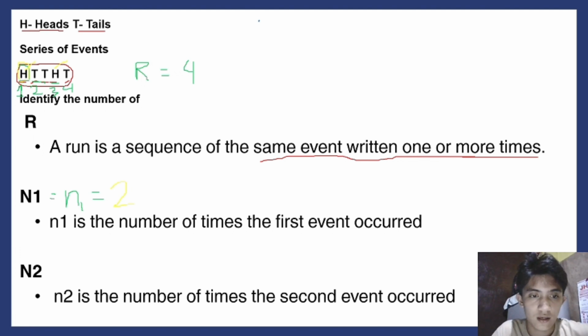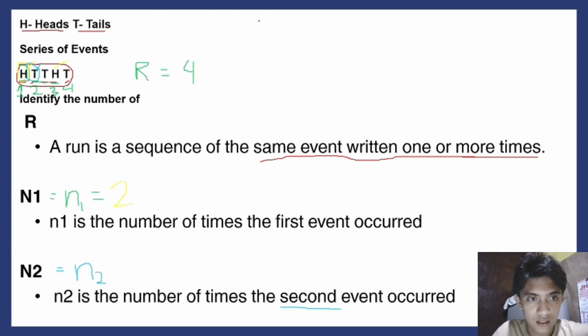Now, n sub 2. To identify the n sub 2, it's the same, but this time, the second event. Our second event here is the tails, right? Since it occurred second, let's count how many times tails occurred.